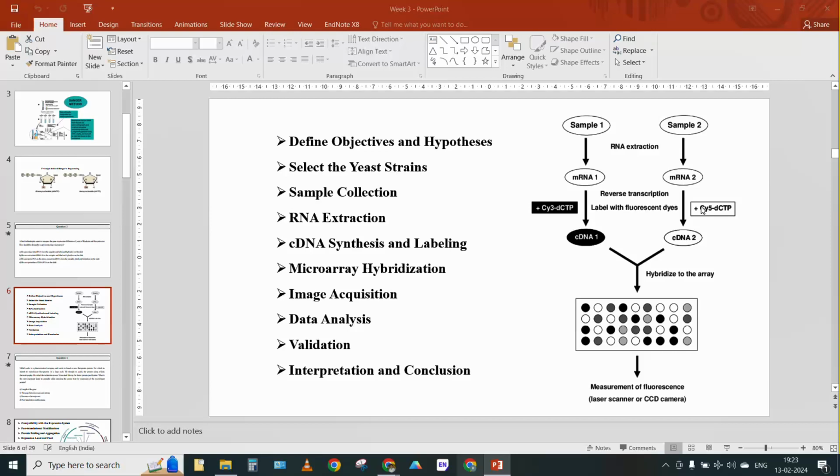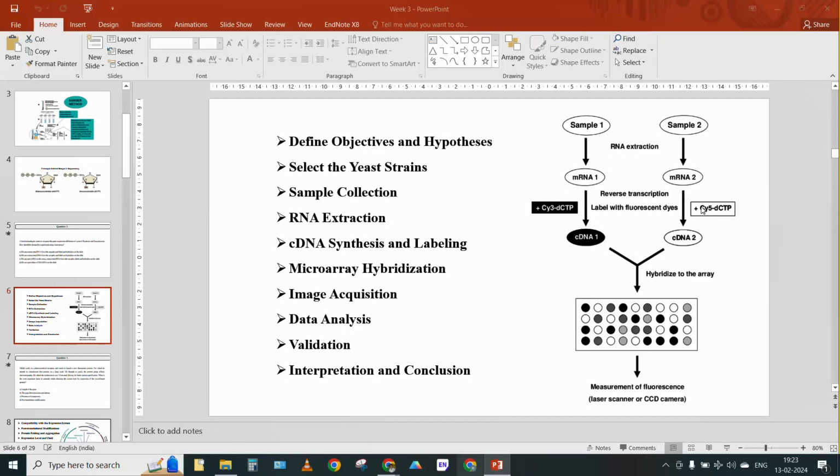Here he'll hybridize the labeled cDNA samples to a microarray slide containing probes for thousands of yeast genes. Then the next step is image acquisition, using a microarray scanner to capture images of the hybridized microarray, and then the data analysis will be done.